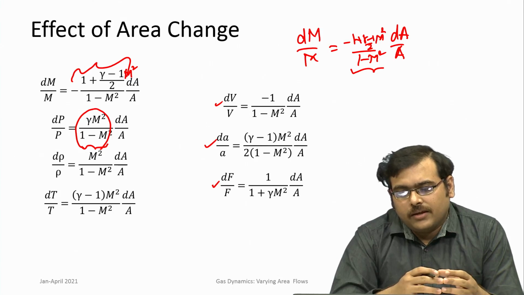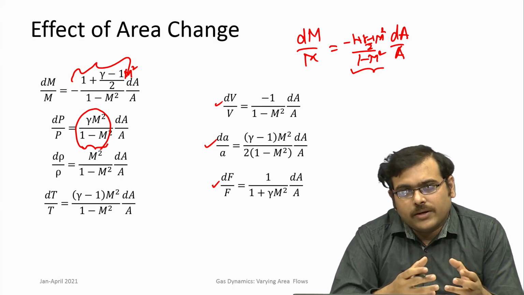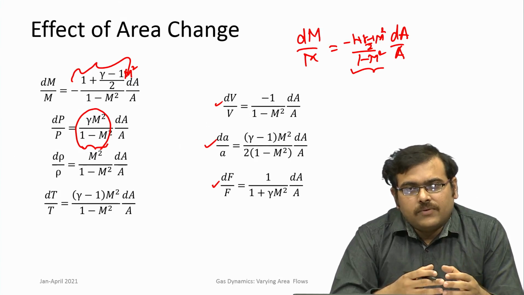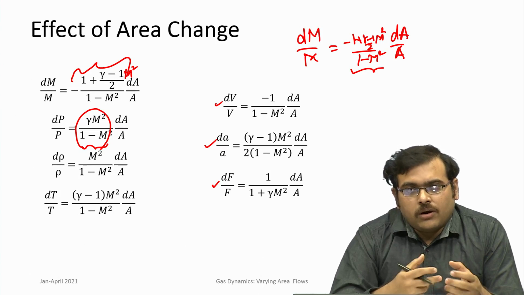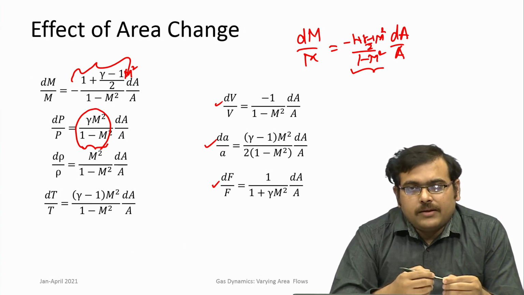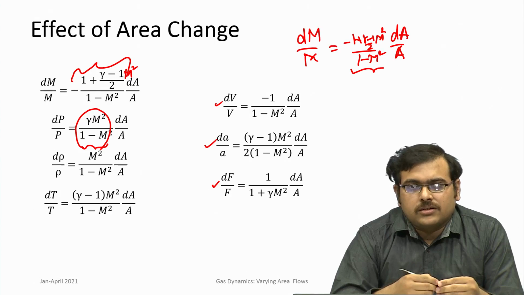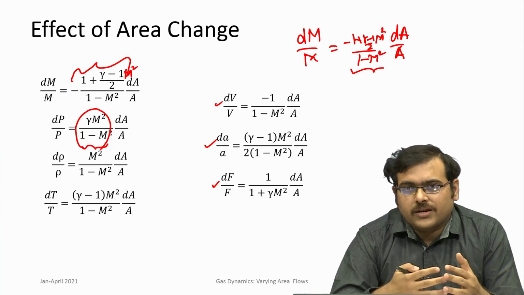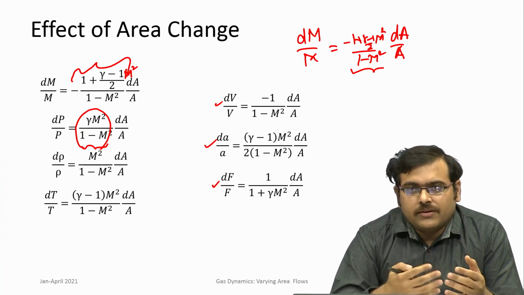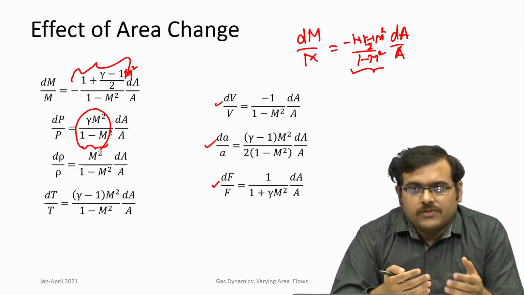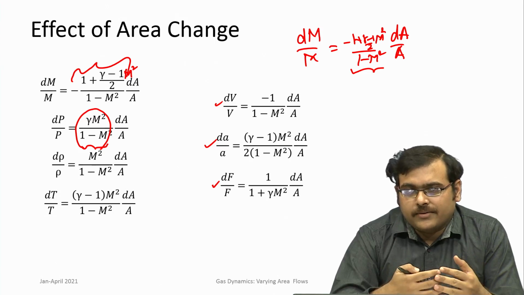Now we are looking only at area change. In later classes we may look at friction, and we may look at heat addition as separate influencing parameters on a duct flow. But in general these are not always separate, they are in some combined fashion. Usually there will be both area change and friction, or there can be area change, friction and heat addition occurring together.